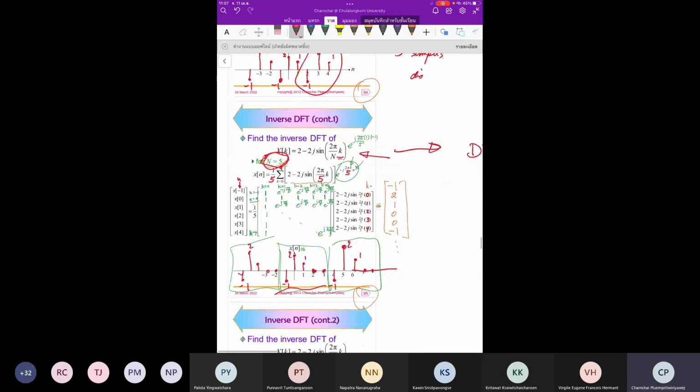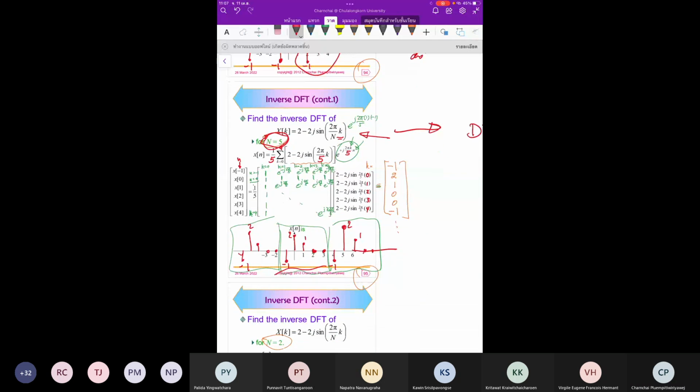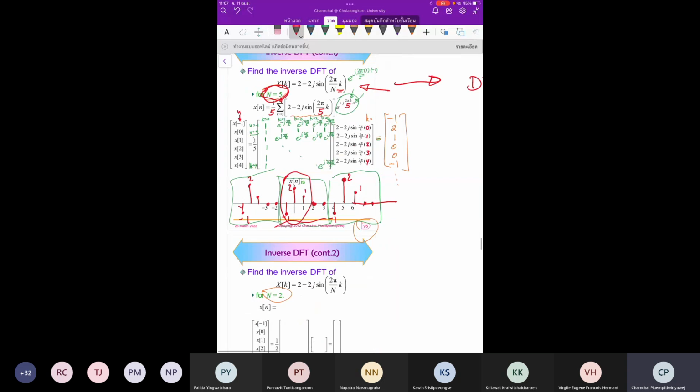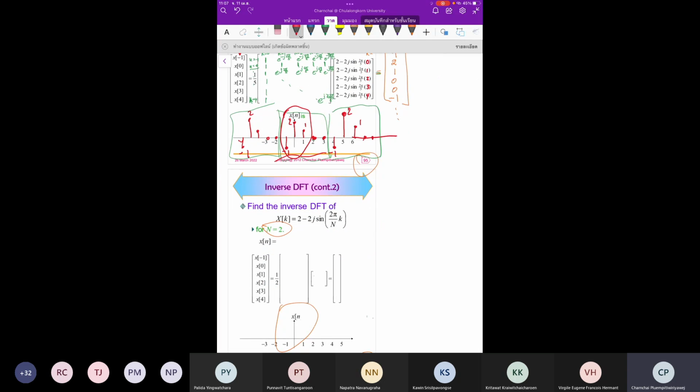So this is what we have for the inverse DFT. What happens if N is not 3? Remember this function here. x[n] has at most 3 samples, the rest are zeros. However, for this problem, if we use N only 2, what's going to happen?